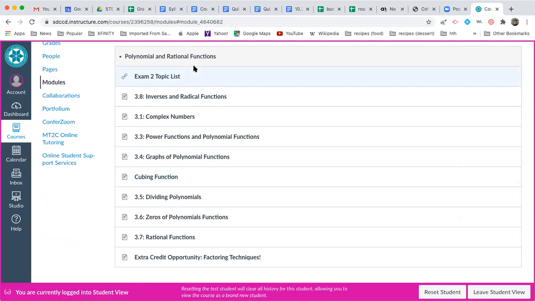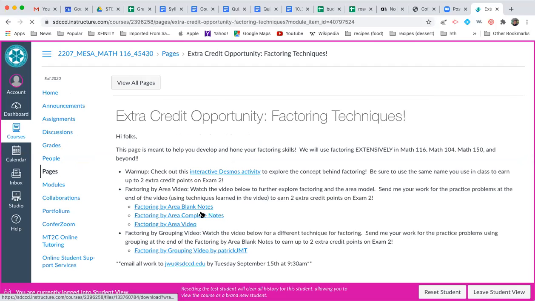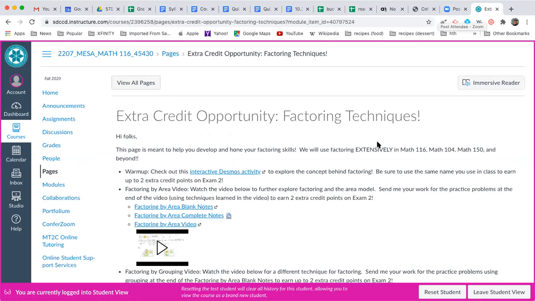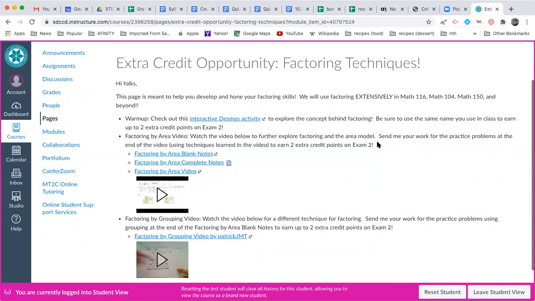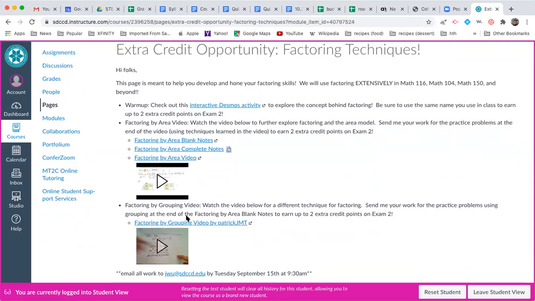All right, the other thing I wanted to show you was that extra credit opportunity, okay? I'm just going to click on this extra credit opportunity here. The extra credit for this exam is really around shoring up our factoring skills. There are 3 different activities that you can do here. One is on Desmos.